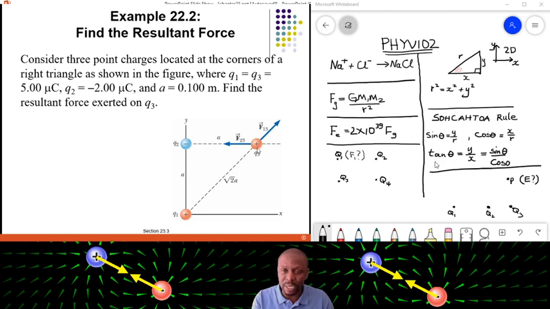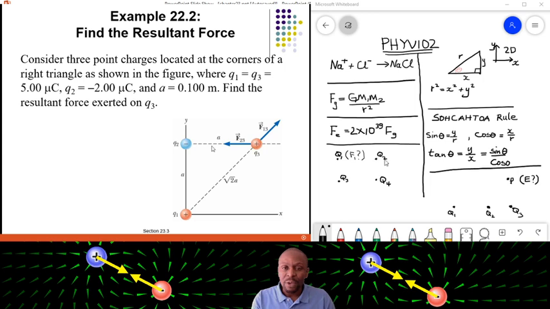Now, if we consider Q3 and Q1, because they are both positive, they will repel each other. Then F13 is the force that is going to point in that direction. And of course, you will also have F31, which is the force that is going to be pointing in that direction. But for this problem, that is not important, because the question doesn't ask for it.